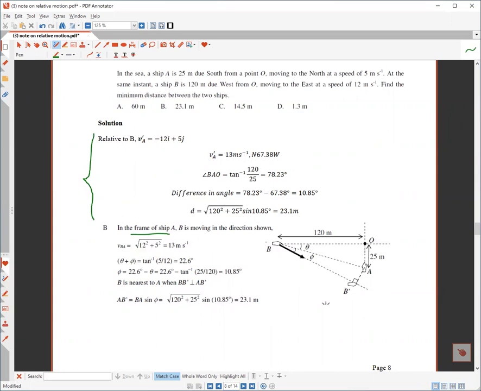It seems that there are only two objects, ship A and ship B. Do you still remember we have the formula with the three objects A, B, C? But in this case, the ground is the other object.